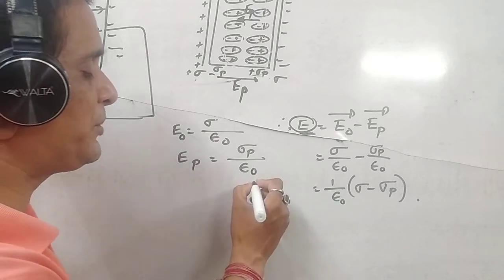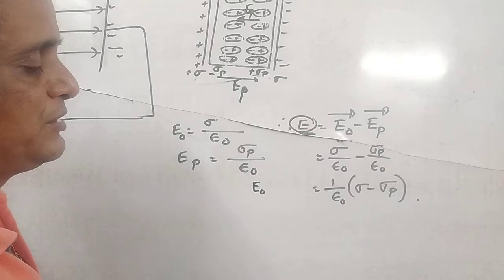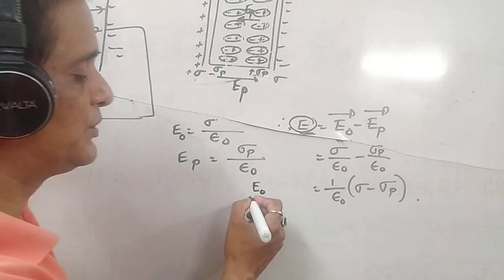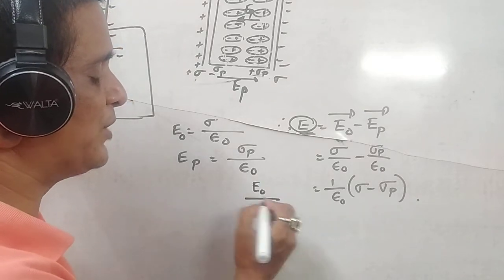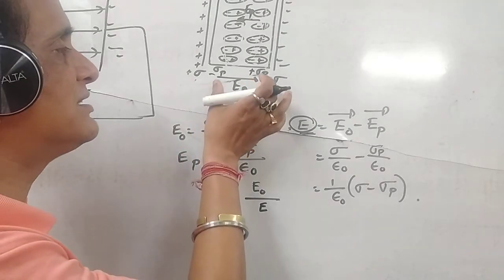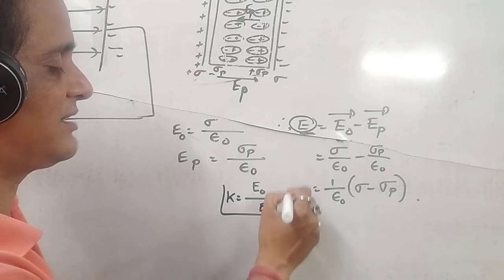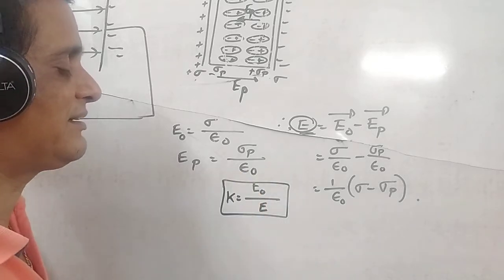So the ratio between the original electric field applied between the two plates of the capacitor to the reduced value of the electric field when a dielectric is placed is known as the dielectric constant. Clear? What is the dielectric constant?